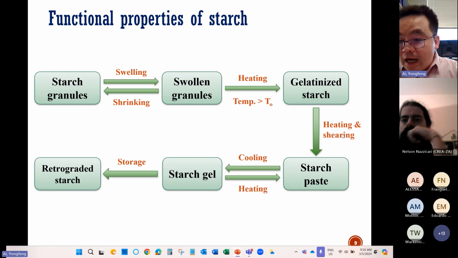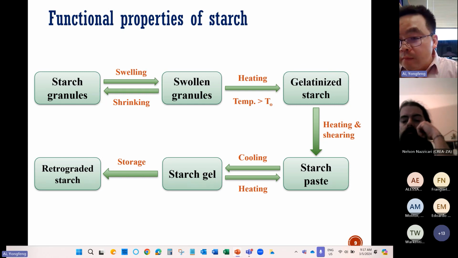After we gelatinize the starch, we continue to heat and stir the sample, and we will obtain the starch paste. So these two properties, starch gelatinization and starch pasting, are usually connected. Sometimes you don't see them separate.